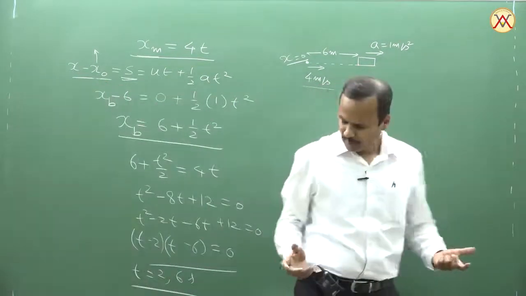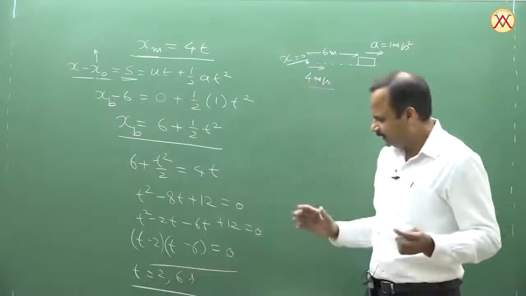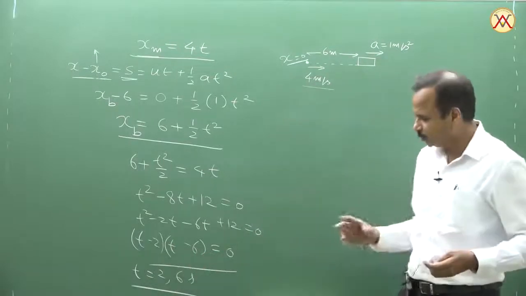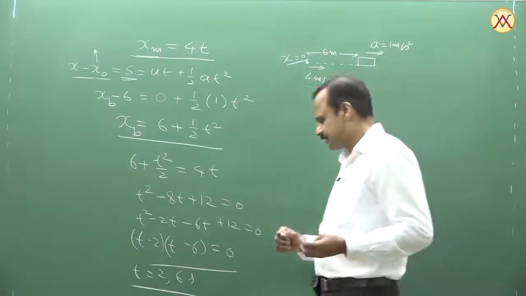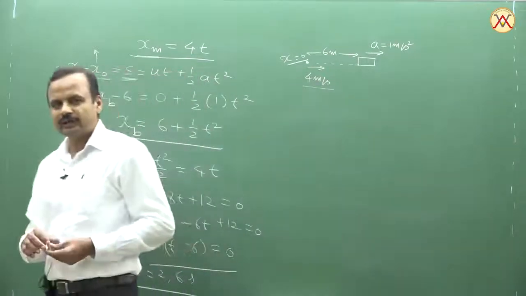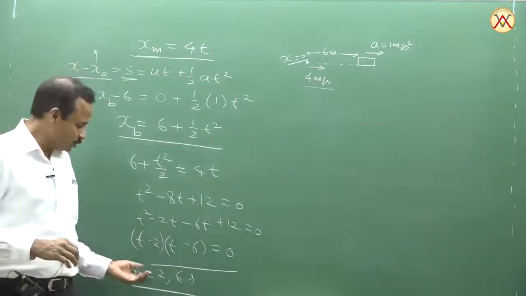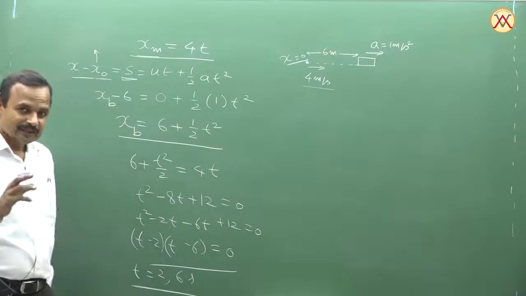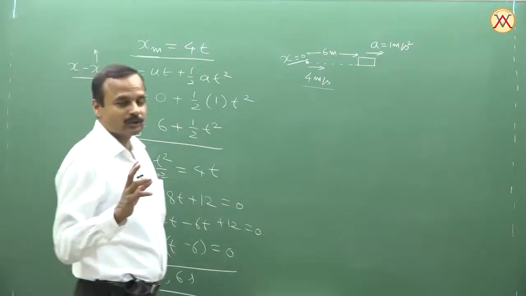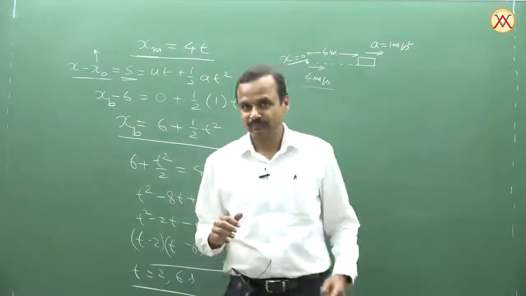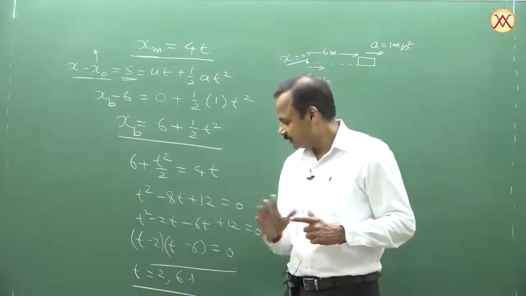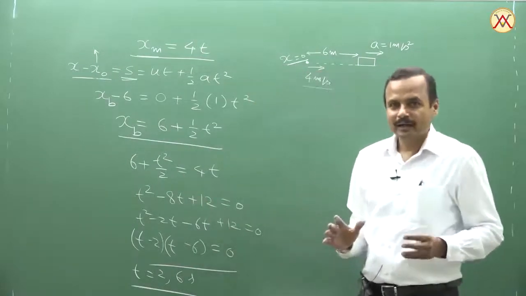So we are getting valid solutions, but there are two solutions, 2 seconds and 6 seconds. Which one should be our right answer? See, maths is only a tool for us. Maths works in its own way.